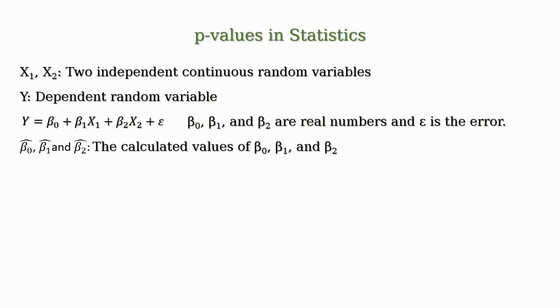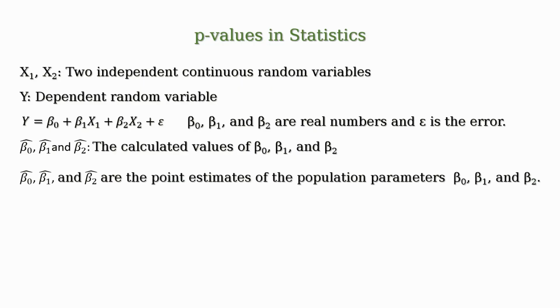These values, beta 0 hat, beta 1 hat and beta 2 hat, are the best estimate for the values of beta 0, beta 1 and beta 2. So, beta 0 hat, beta 1 hat and beta 2 hat are the point estimates of the population parameters beta 0, beta 1 and beta 2.